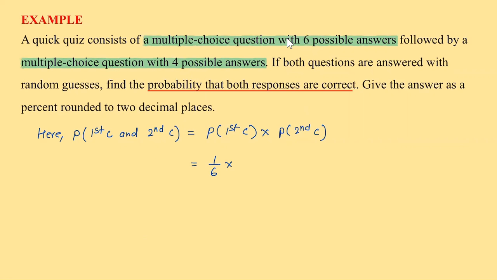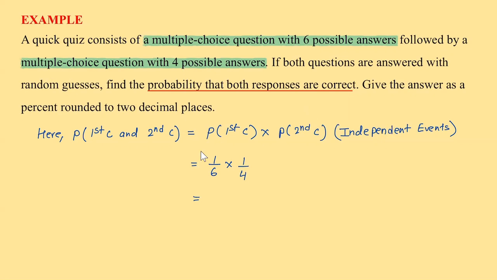That means this is the independent case, or you can say these are independent events. So we can just look at the options in the second. We have 4 options and one of them will be correct. So the probability will be 1 out of 4.